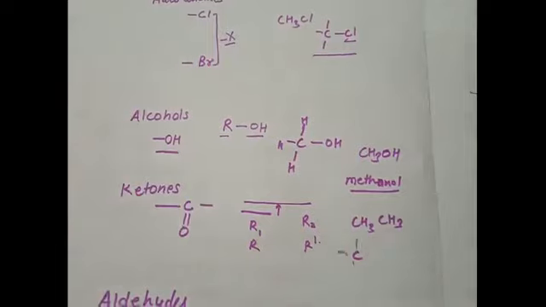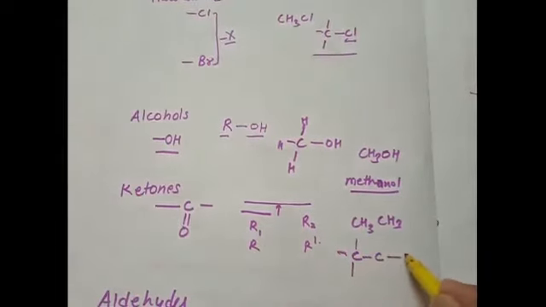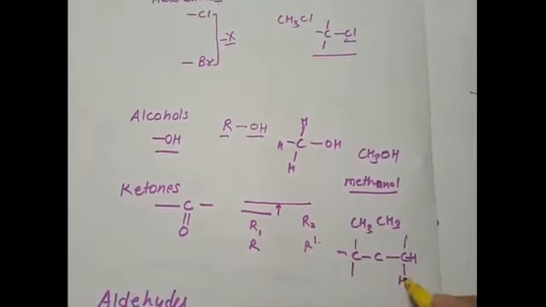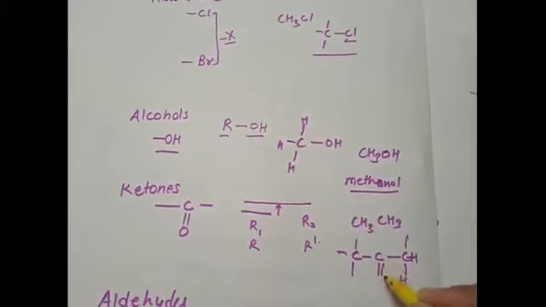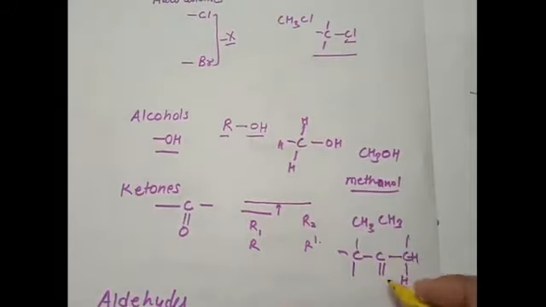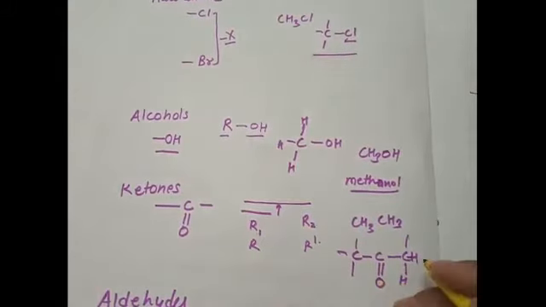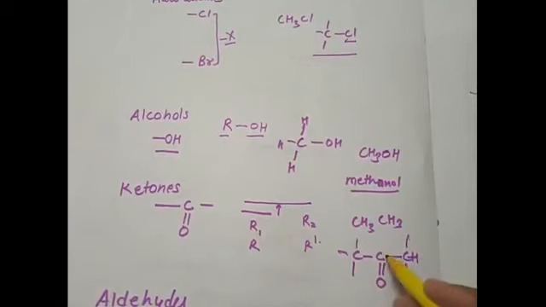We will have CH3 C CH3, and either on the lower side or the upper side you can form C double bond O. Now this carbon is completing its valencies and the rest of the carbons are also satisfied.